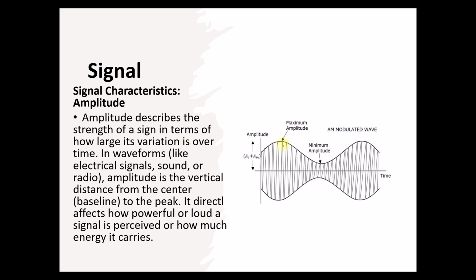It's the vertical distance from the center line, which is the time. So from 0 upwards, we measure the amplitude. The amplitude directly affects the strength of the signal. For example, if you have an audio signal, the higher the amplitude, the louder it is. Or if you have any kind of signal, the higher the amplitude, the stronger that signal is.